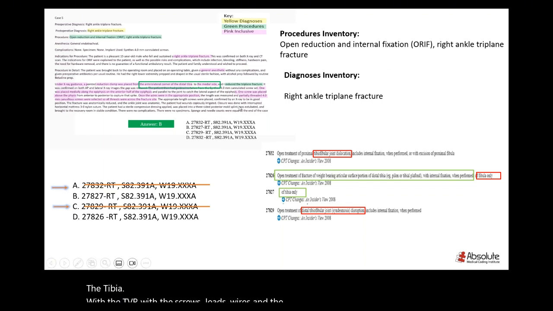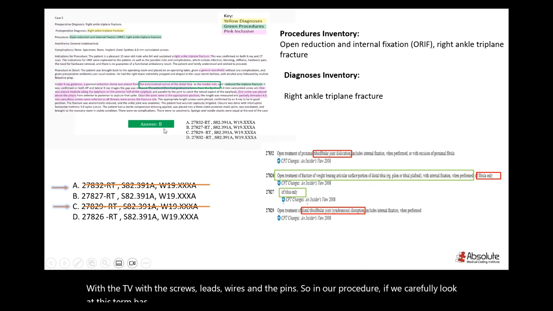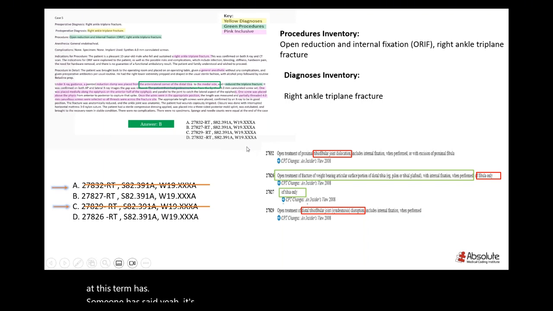So in our procedure, if we carefully look at this term, someone has said it's only talking about the tibia, not the fibula. Yes, correct. So you can see over here as well.